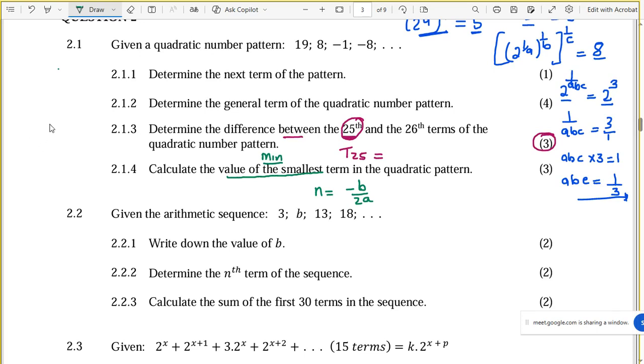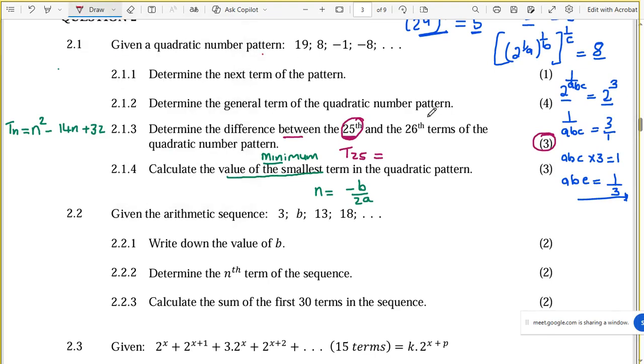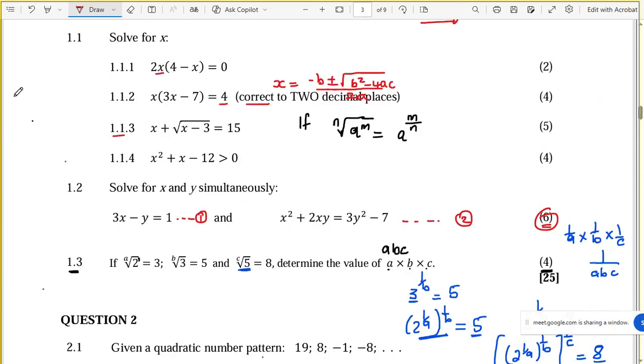Let me try and see if this will work. The original equation was n squared minus 14n plus 32. This is my Tn. Now when they say the smallest, what comes to mind is minimum. And when I see the word minimum from calculus, this tells you to find the derivative of whatever you are working on.